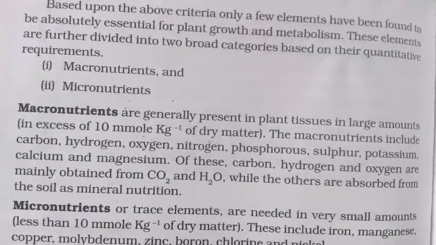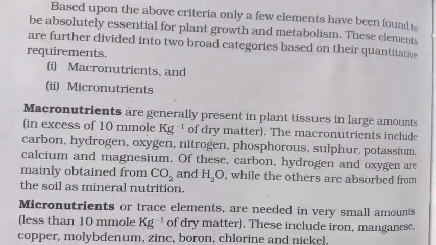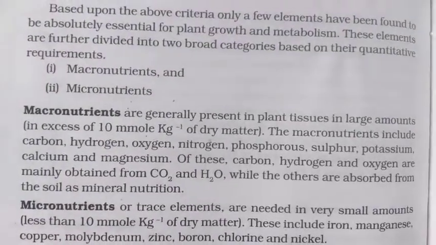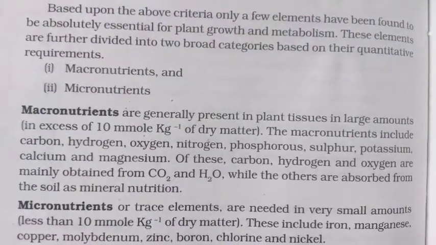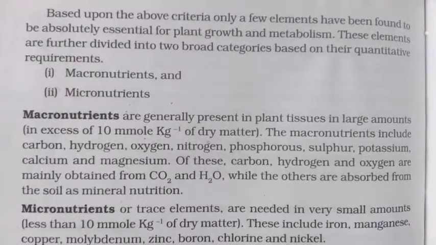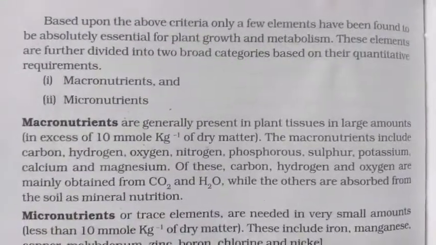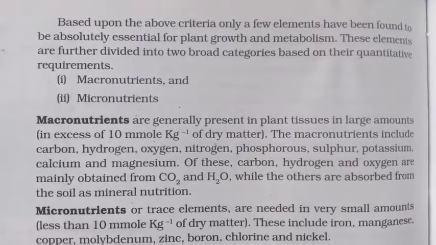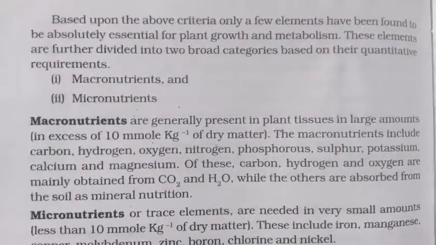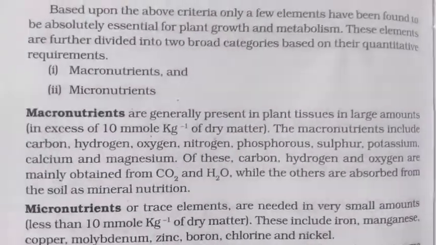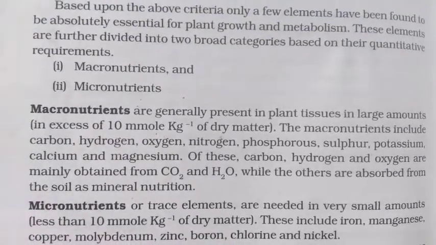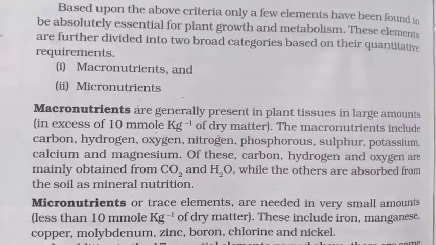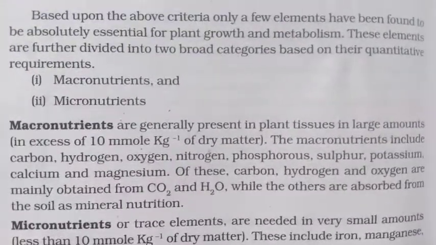The macronutrients include carbon, hydrogen, oxygen, nitrogen, phosphorus, sulfur, potassium, calcium, and magnesium. Of these, carbon, hydrogen, and oxygen are mainly obtained from carbon dioxide and water, while the others are absorbed from the soil as mineral nutrients.